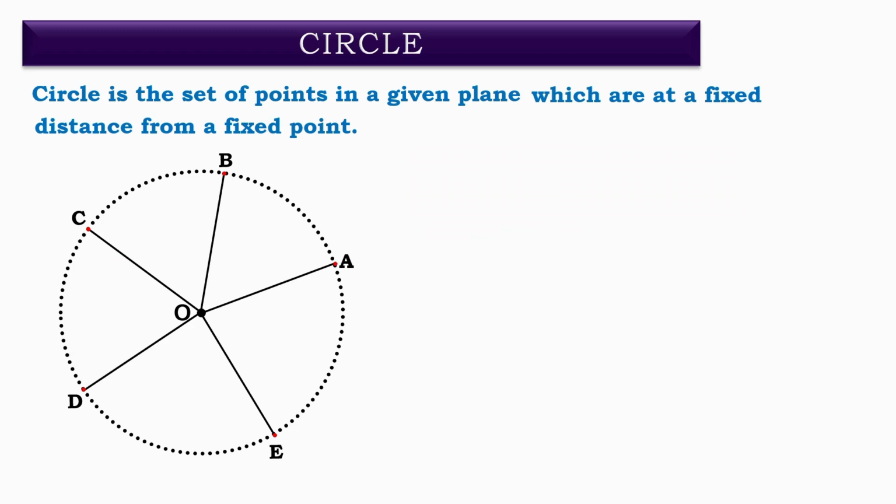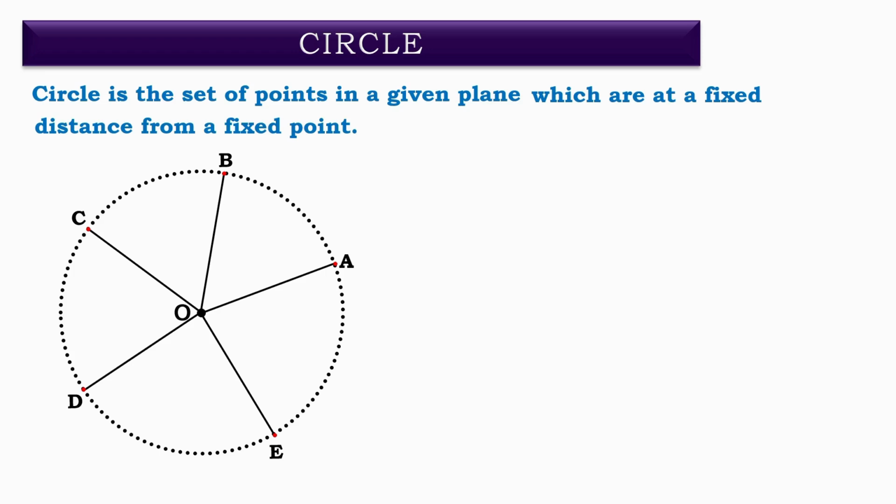So when we define a circle, we have to mention that a circle is a set of points in a given plane which are at a fixed distance from a fixed point. Normally we call it the boundary one.